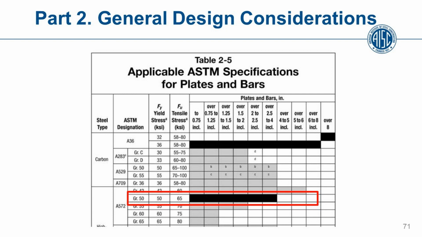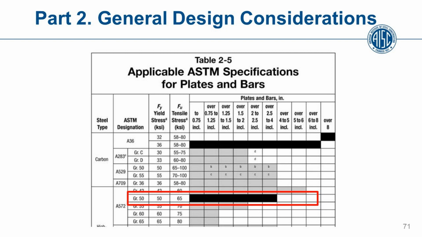Well, it's not more expensive, and let me explain why. This table was developed from a survey of fabricators of what material they were getting from their suppliers. What was discovered is that, for example, with HSS members, when people were ordering A500 grade B, the suppliers were supplying A500 grade C because it was dual certified as grade B or grade C. And that has been that way for probably about 10 years.